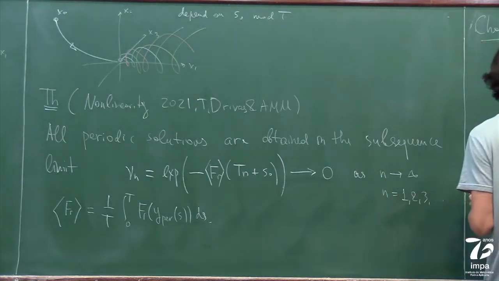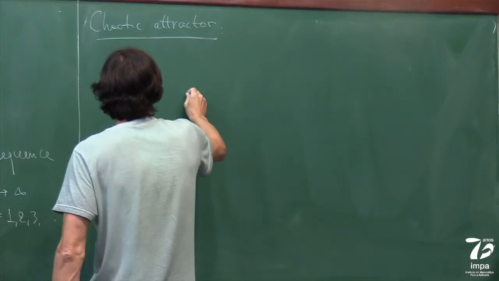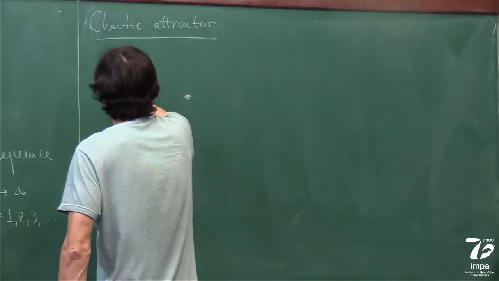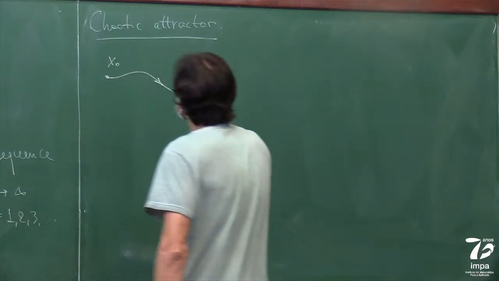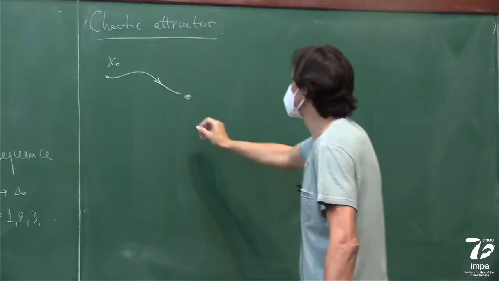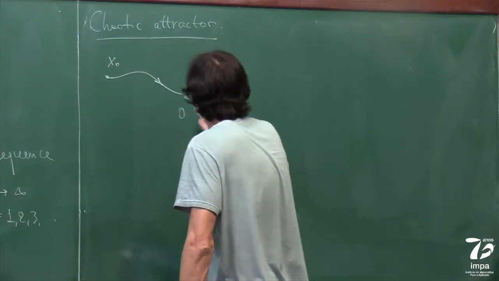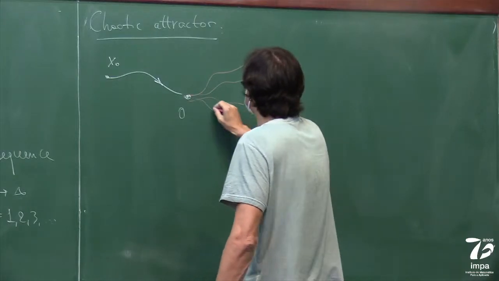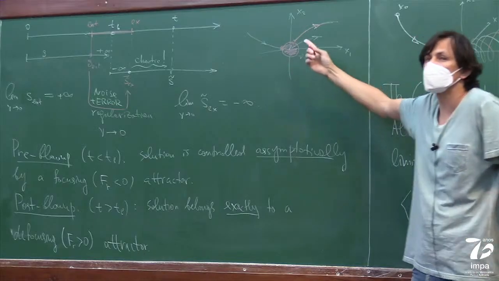So essentially, what you have in a chaotic attractor is that, given initial condition, you have a blow-up solution, so it enters in finite time to the singularity. And then when it exits, it actually exits in infinitely many different ways, depending on what the noise realization inside is.